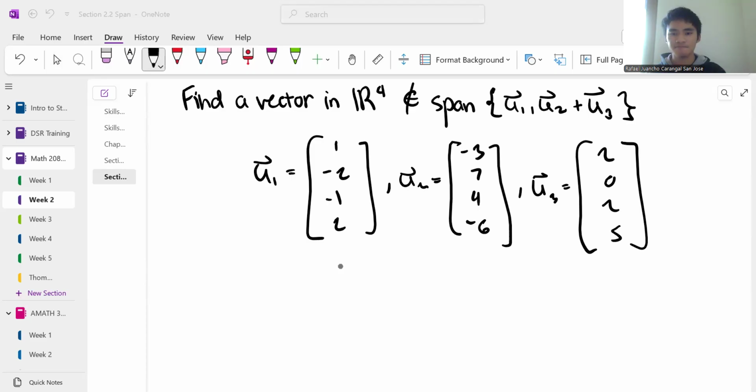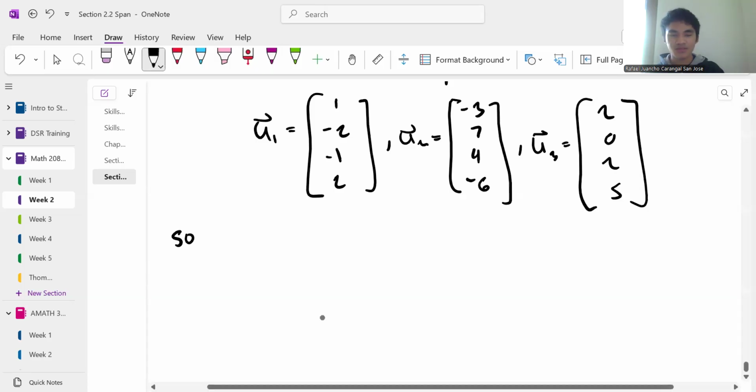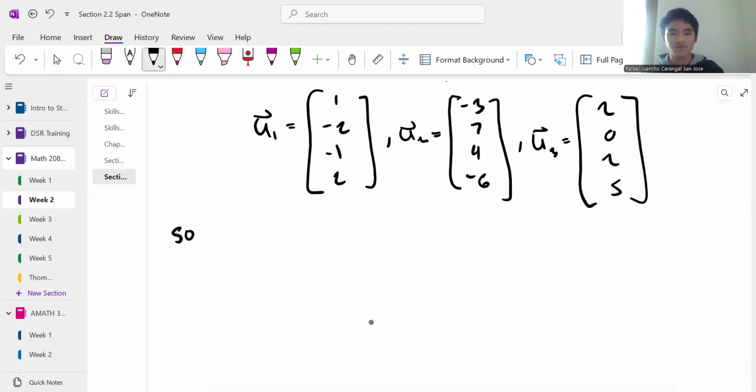Okay? What we can do though is we can do our usual augmented matrix, but we're not going to do it with the constants. So say this vector is a V. So V cannot be a linear combination.